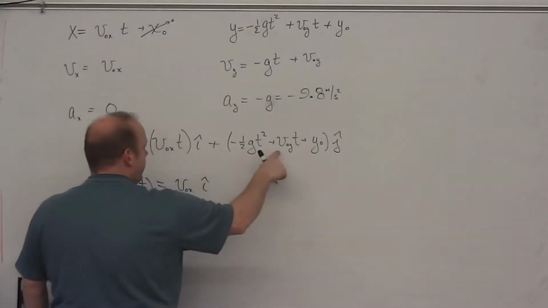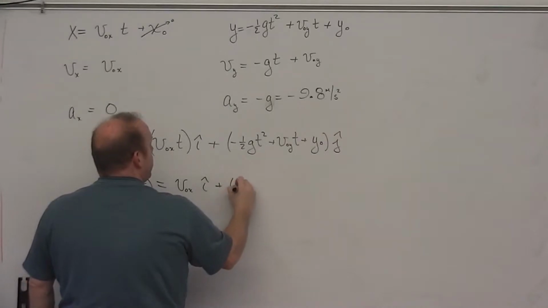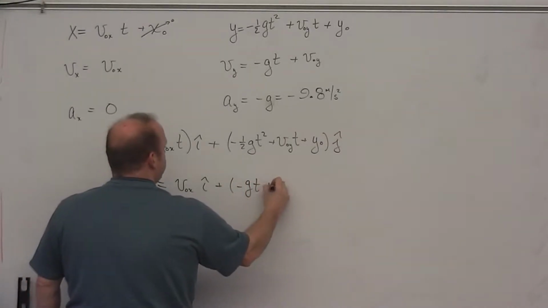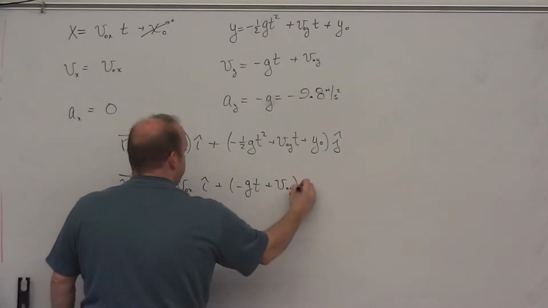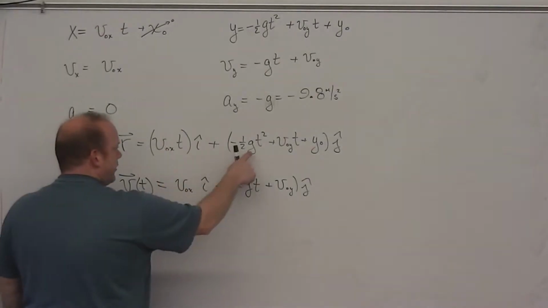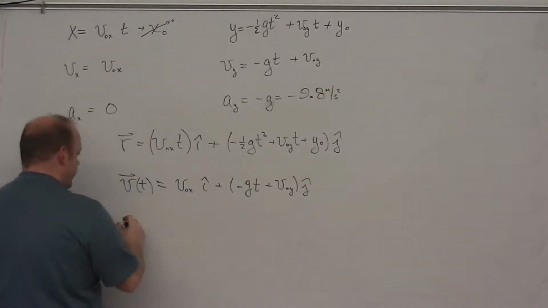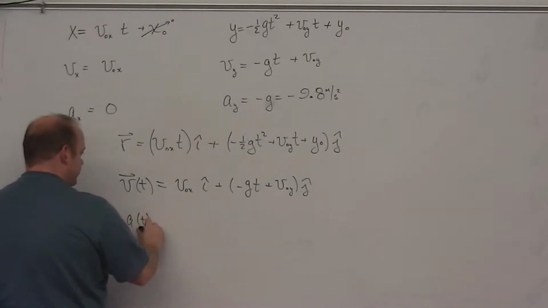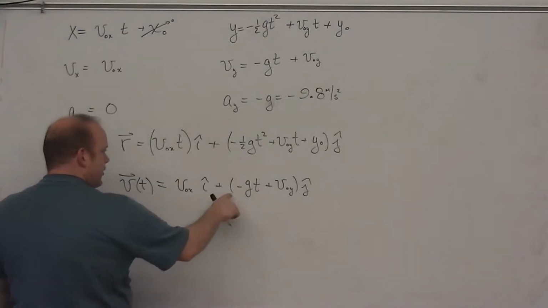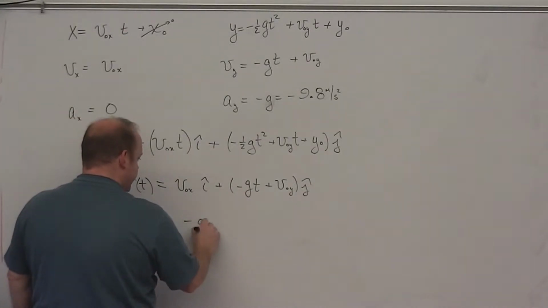Take the derivative of this, you get negative gt plus v0y j hat. This is 0, this is v0y, this is gt. Acceleration is a function of time. There is no acceleration in the x direction. This drops off, so we're just left with negative g.